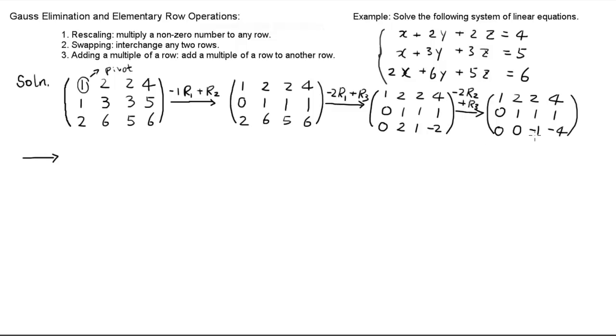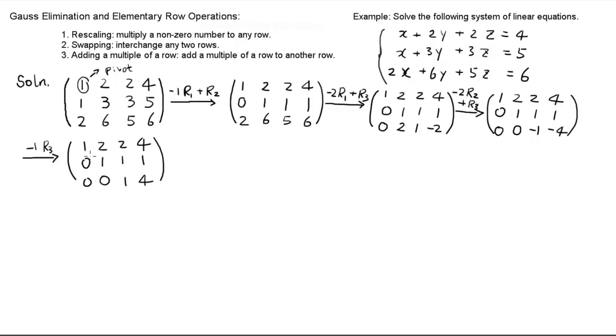Because we see the last one, we have negative 1, negative 4, we are going to multiply negative 1 through. So this is called row scaling. So we have negative 1 times R3. And this gives us 1 and 2 and 2 and 4, and 0 and 1 and 1 and 1, and then 0 and 0 and 1 and 4.